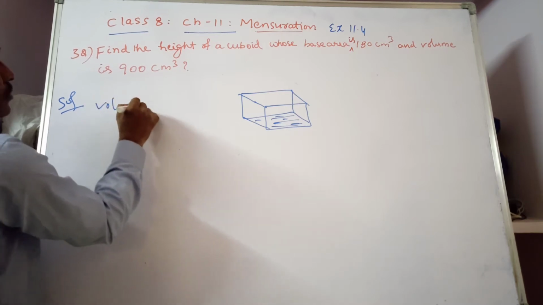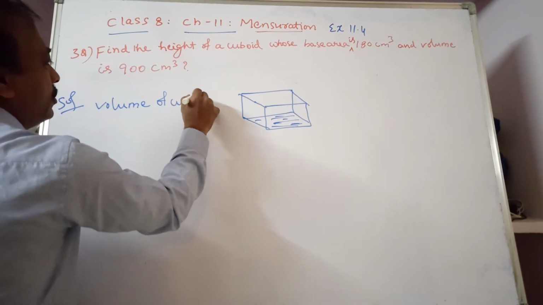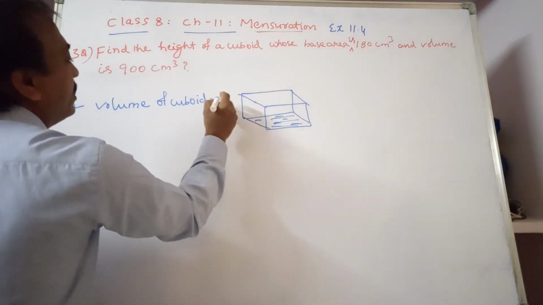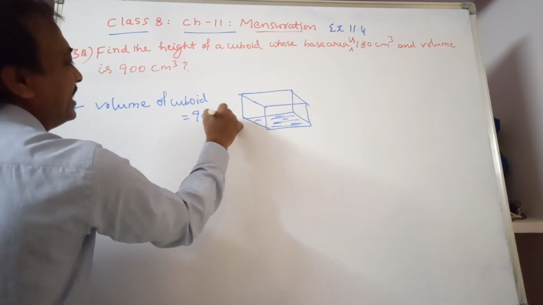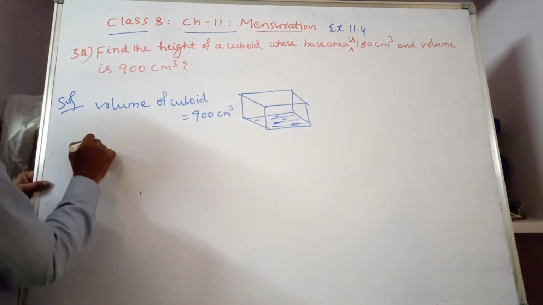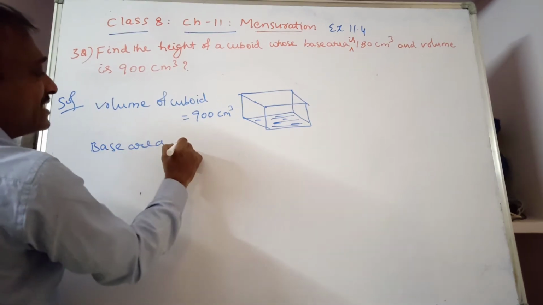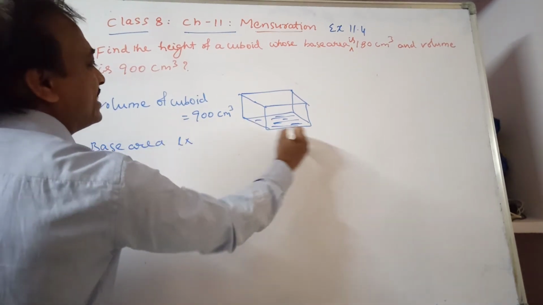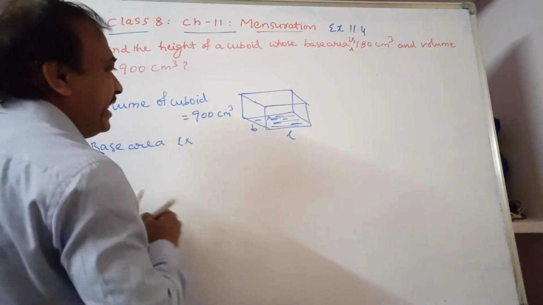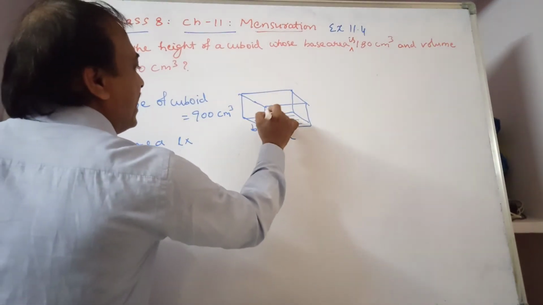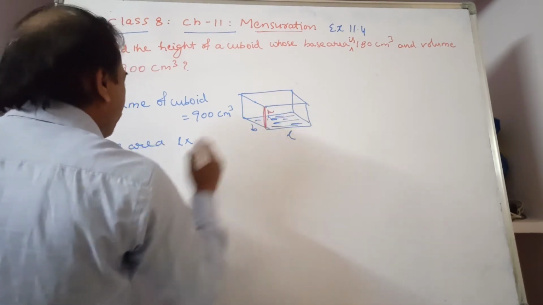Volume of cuboid is equal to 900 centimeter cube. Next, base area is nothing but length into breadth. This is L, B and this is the height. So this you have to find out.